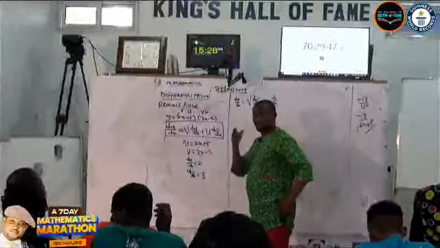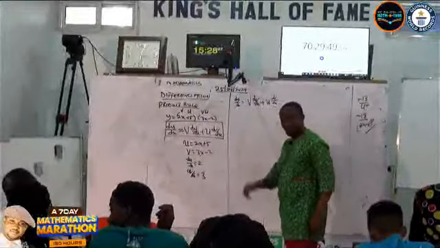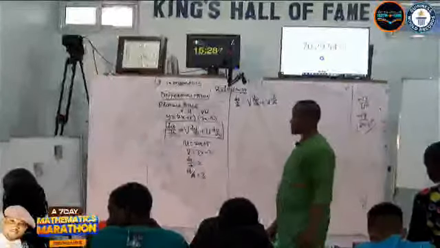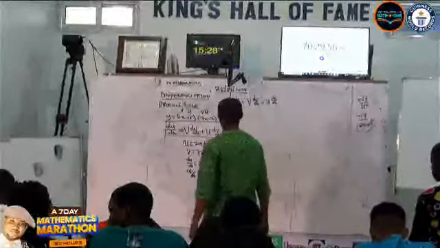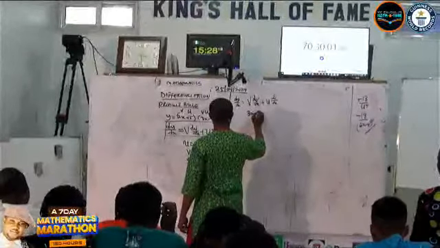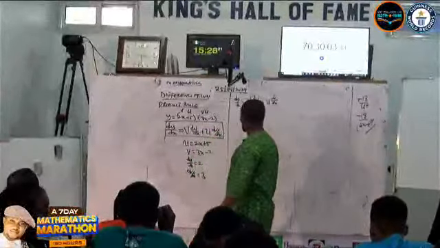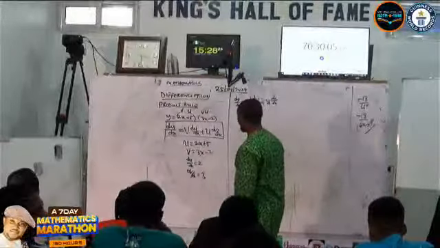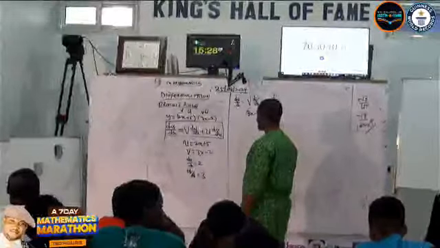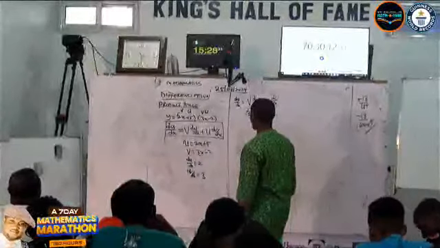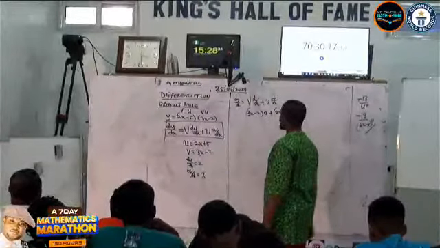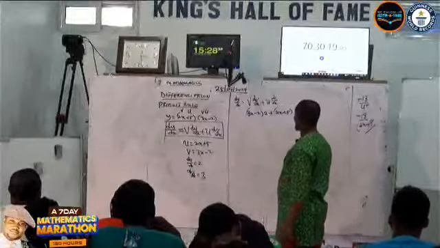That's the formula, right? Is that the formula? Yes, sir. So, what's my v? What's my du over dx? What's my u? What's my dv?